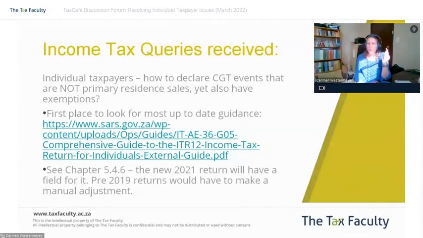If you've ticked no, it should still pull up the exemptions slot for that particular CGT calculation. If it's not, it means there's actually something that's gone wrong on the technology side on your particular return. And if that's the case, please again, escalate to your RCB, escalate to SARS, because there's a technology error with respect to the calculation of the return.